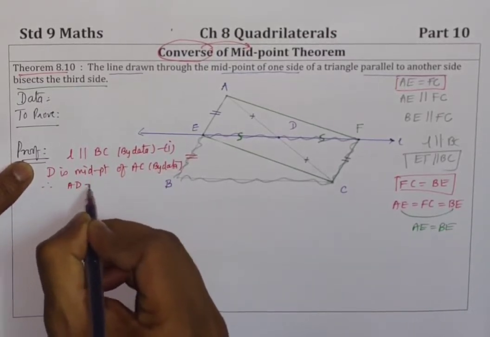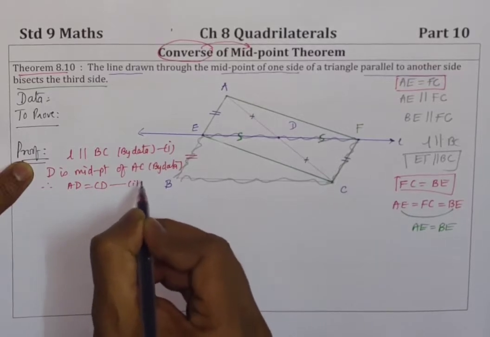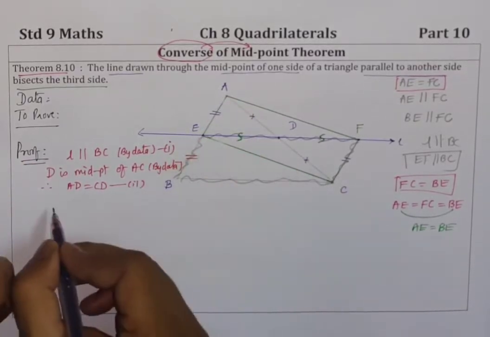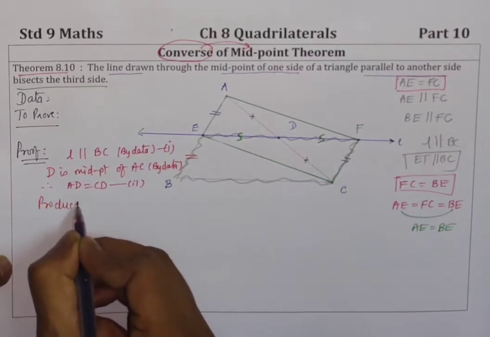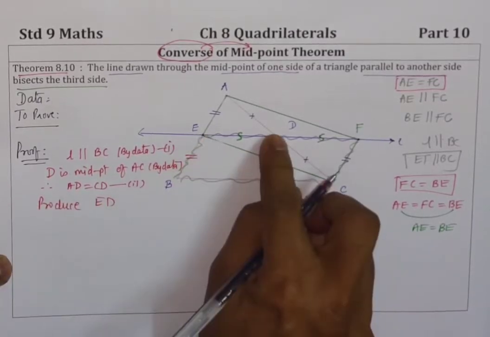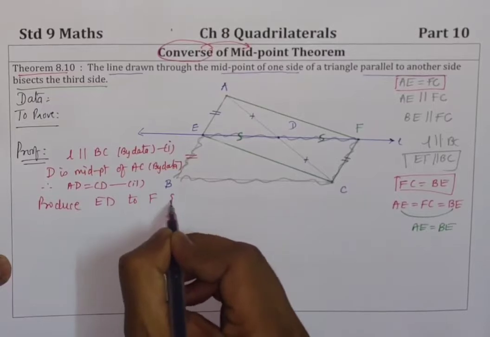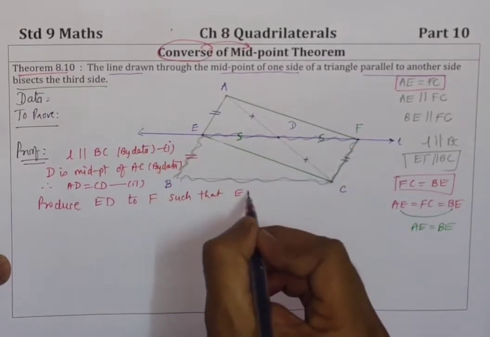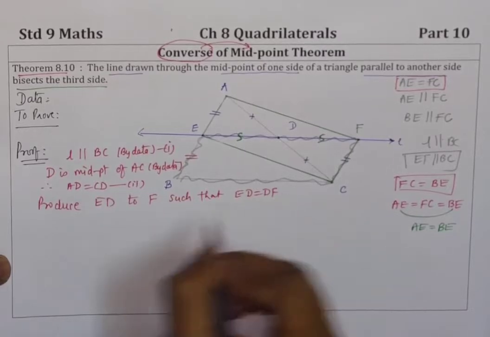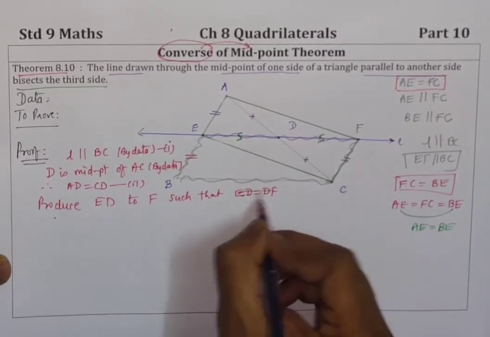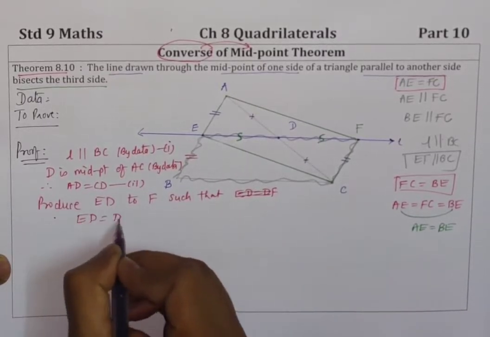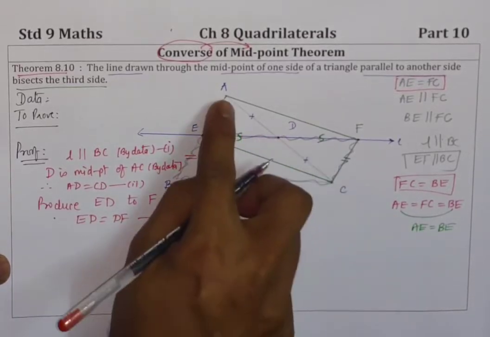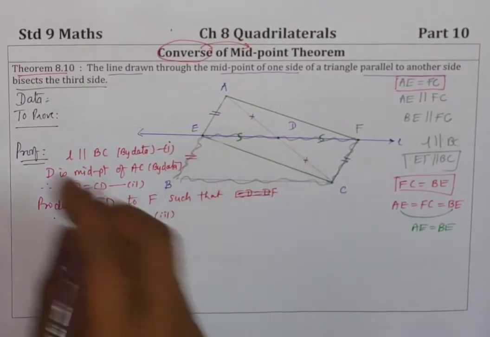Therefore, AD equal to CD. Call it result 2. Now we are producing ED to F such that ED equal to DF. Call it result 3. ED equal to DF and AD equal to CD.